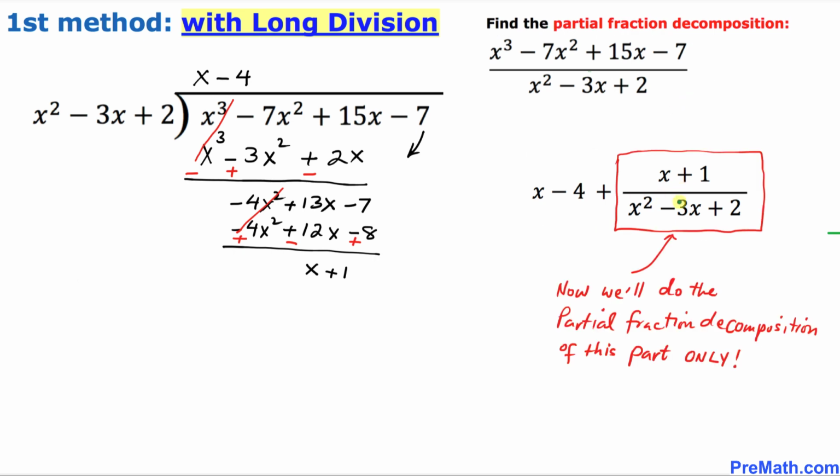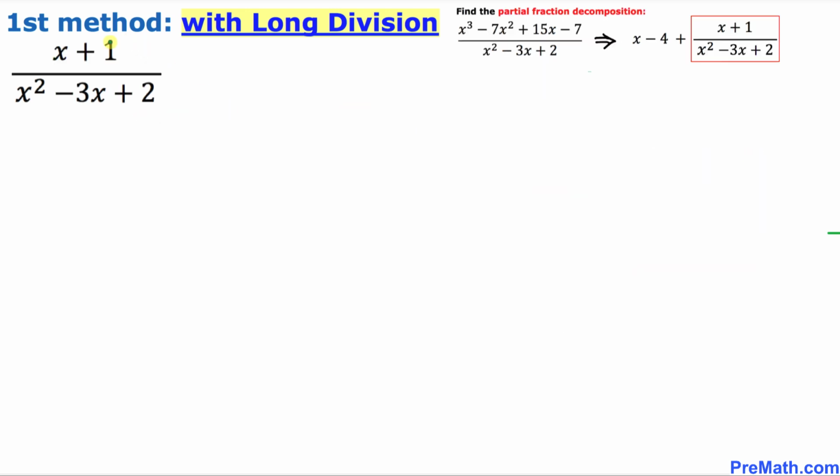And now in the next step, we are going to find the partial fraction decomposition of this rational expression. Before we do the partial fraction decomposition, let's focus on the denominator over here, this quadratic, and we can see that this can easily be factored.